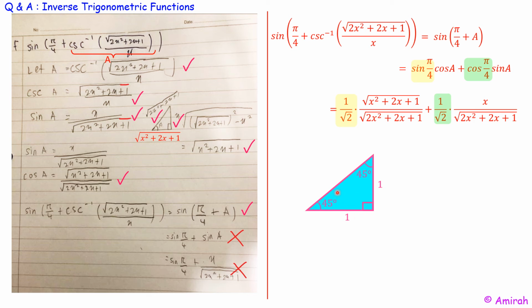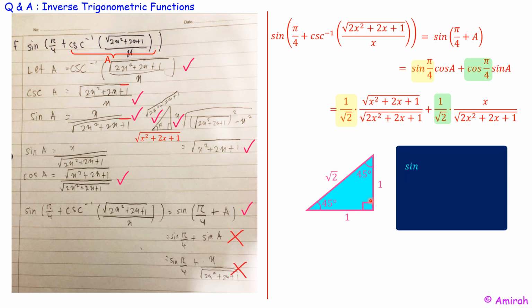And we can find the hypotenuse using Pythagoras theorem. Okay, 1 squared plus 1 squared square root. So we get sec 2 here. Right? And then from this diagram, we can find sin pi over 4. Okay? Sin pi over 4, which is sin 45 degrees, equals to, let's say we refer from this angle, okay? Opposite 1 over hypotenuse sec 2.